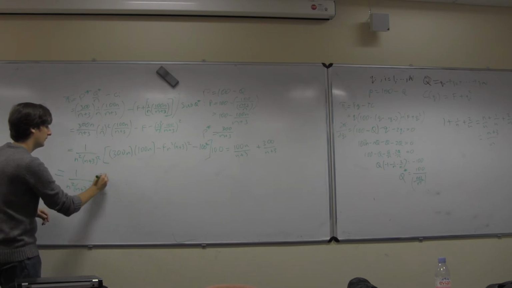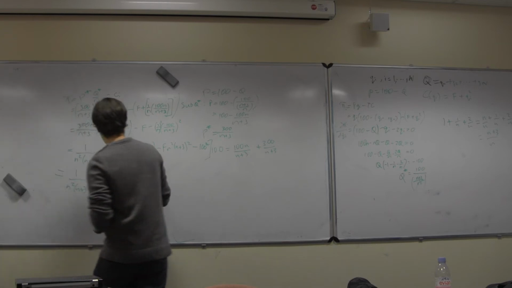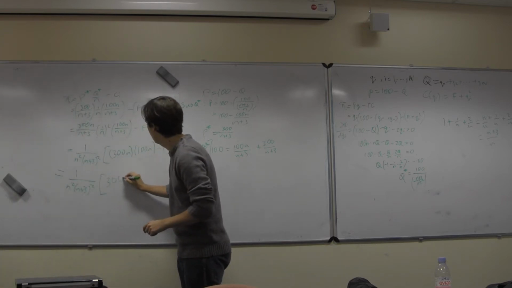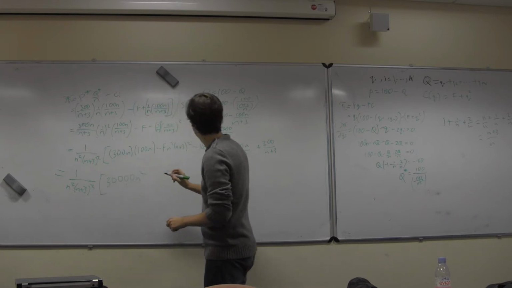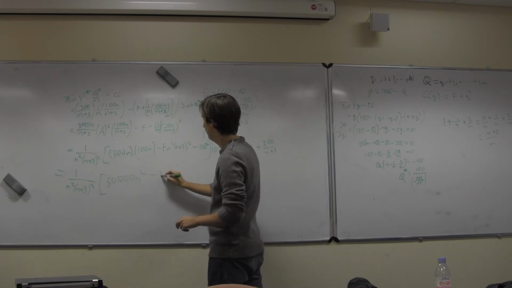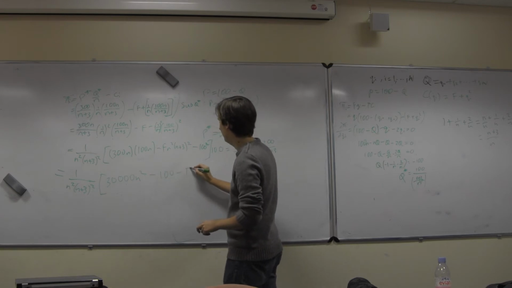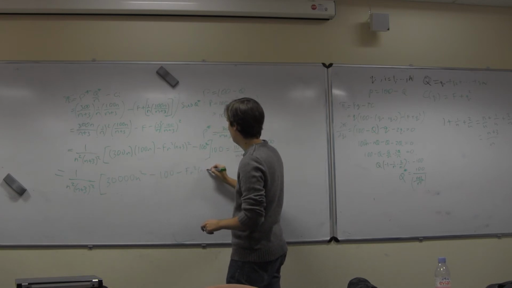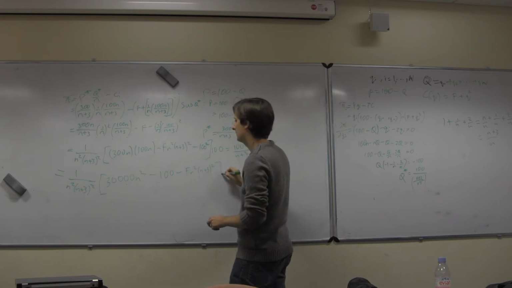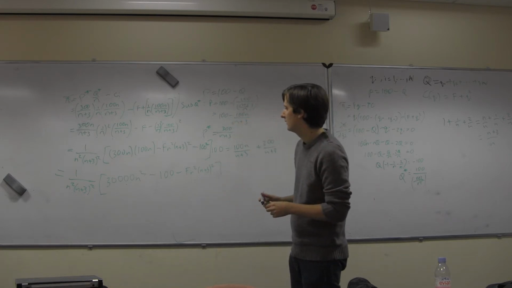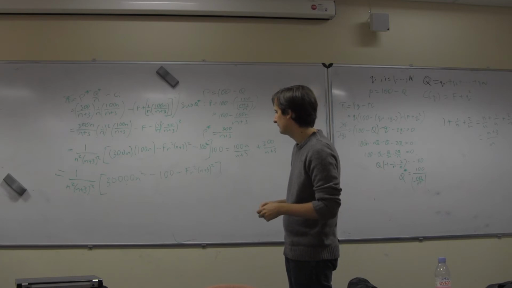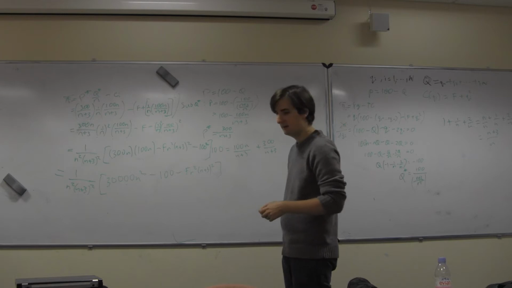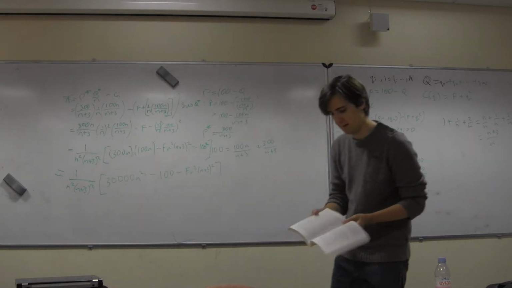So 300 times 100 must be 300 n squared, minus 100 minus f n squared n plus 3. It's not obvious, but you can't simplify that anymore.